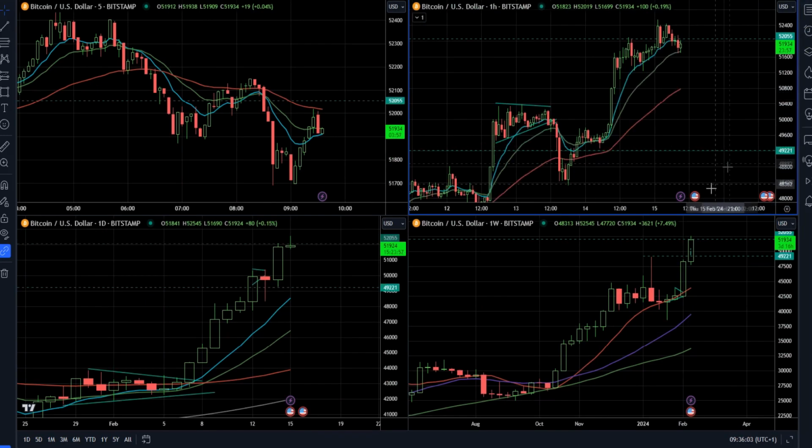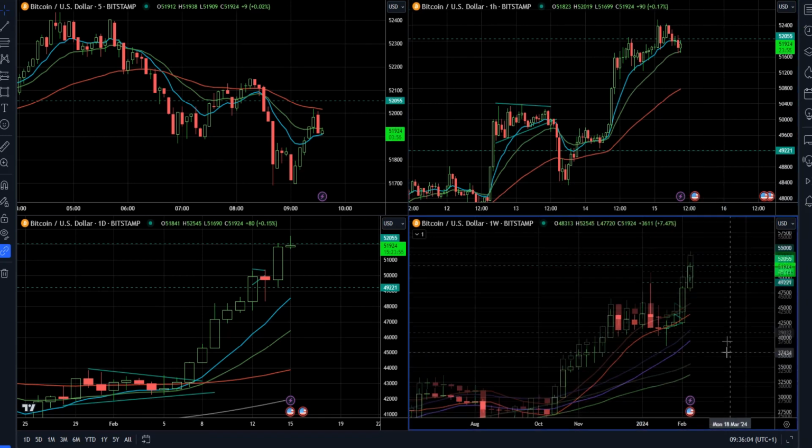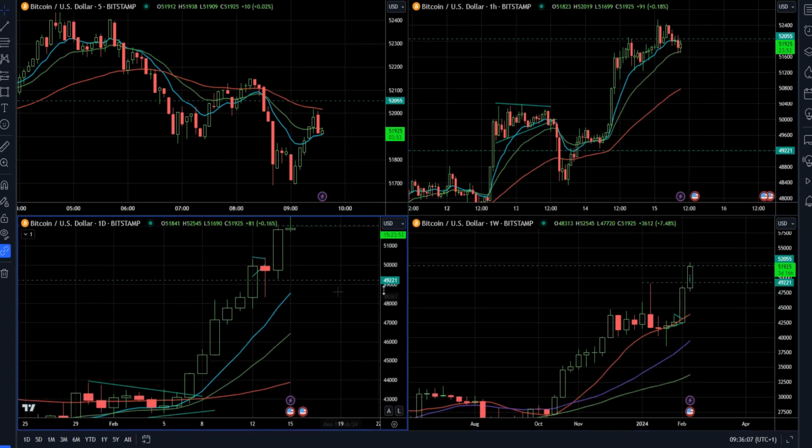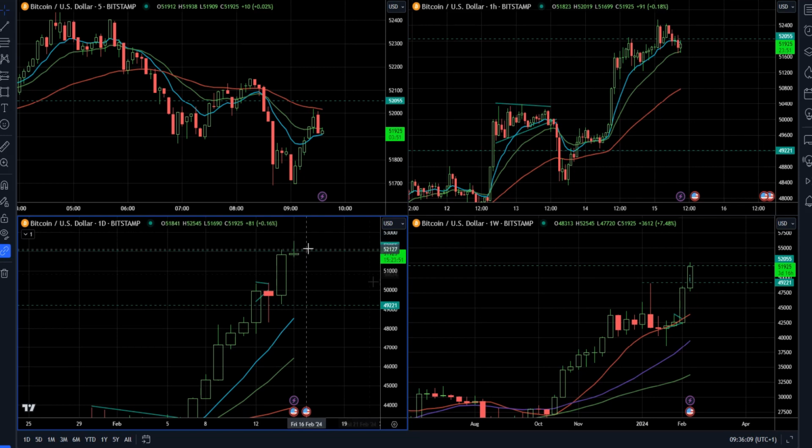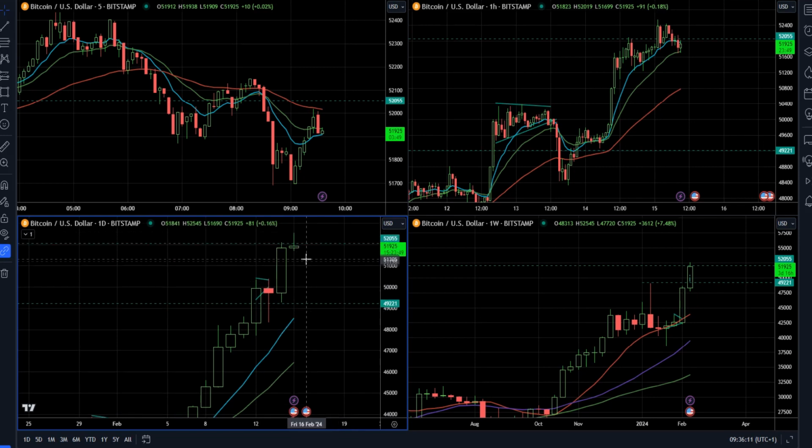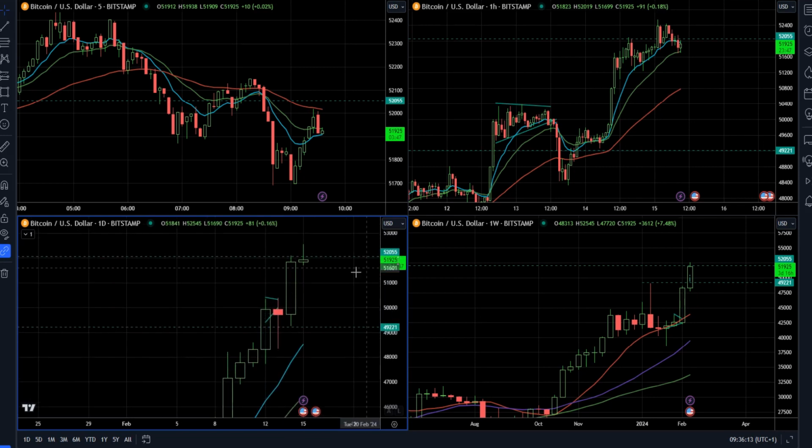Now, speaking of Bitcoin versus US dollar, we can see that the market reached our upside objective at 52,000, and now it seems like it's making a doji candle, or we see some hesitation for the market to continue higher.